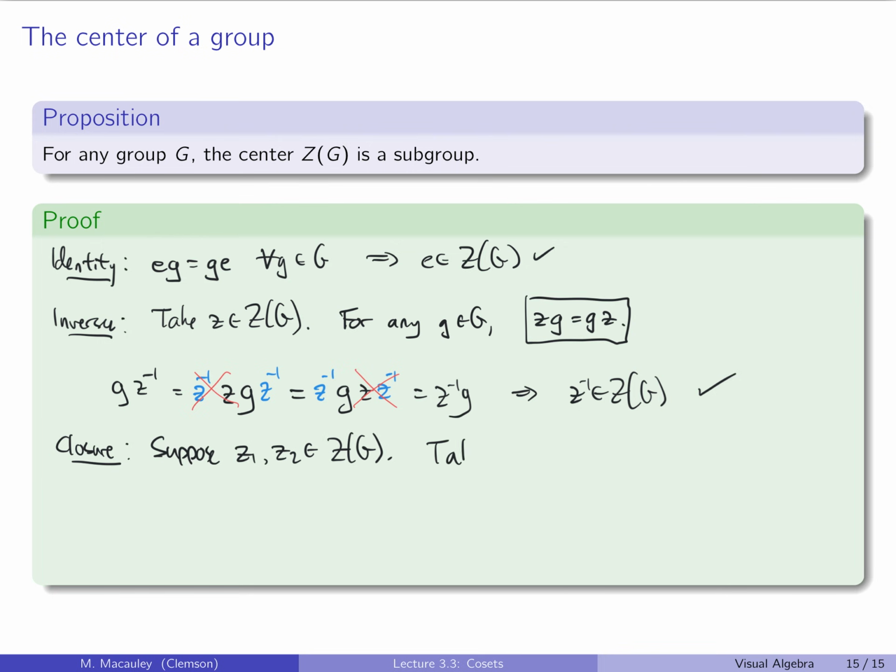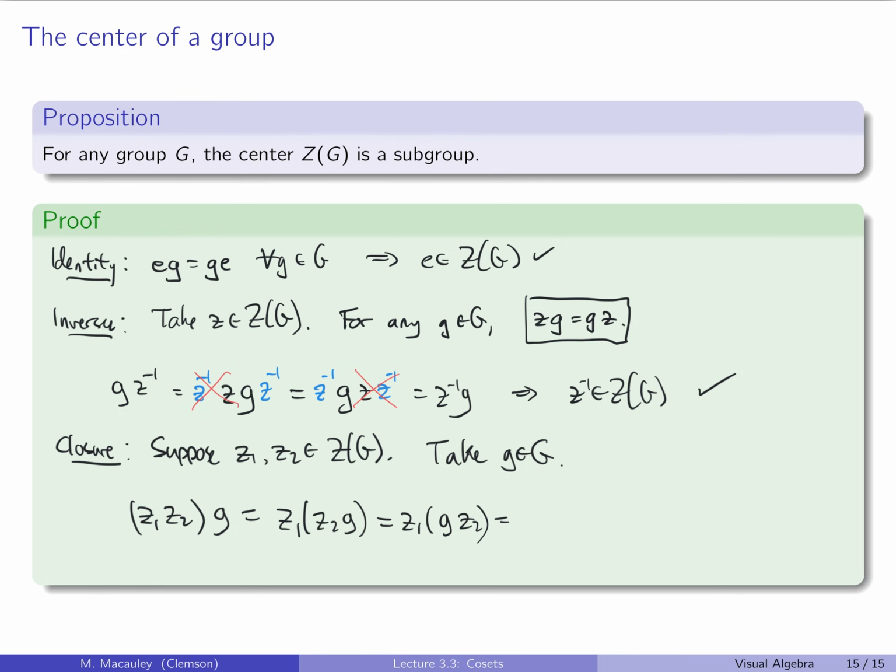Let's take any element in the group, call it little g, and we need to show that Z1 Z2 times g is equal to g times Z1 Z2. And what do we know? We know that these individual elements are central, so I can write this as Z1 times Z2 g, right? And I can pass g through Z2 because Z2 is central, so Z1 times g Z2.